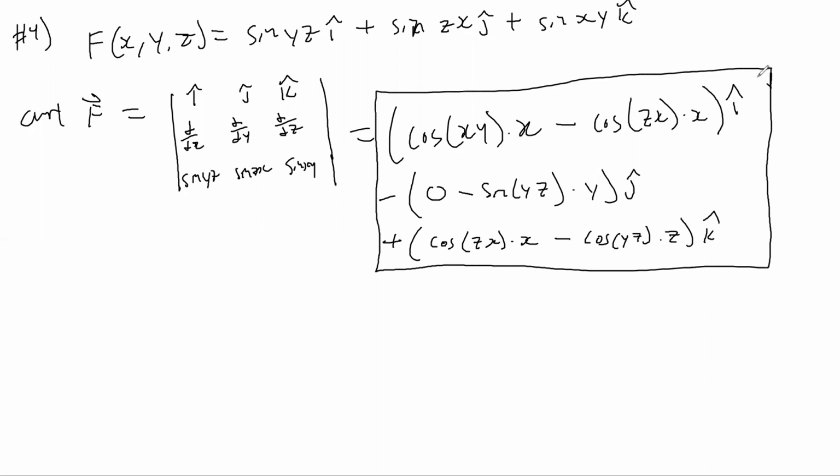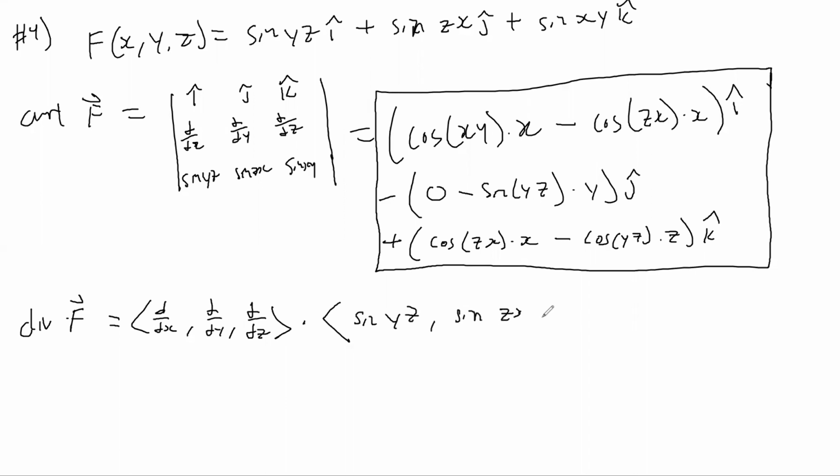You can try to simplify it, but I'm just going to leave it as that. Finally, we're going to find the divergence of the vector field. Again, we have the del operator as a vector, and we take the dot product with sine yz, sine zx, and sine xy.